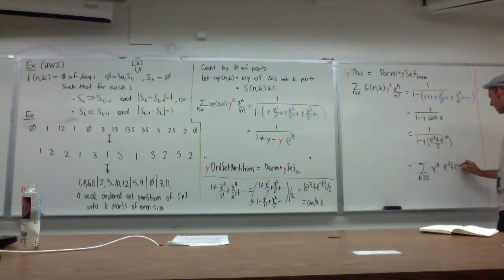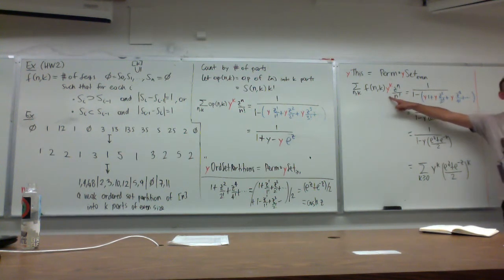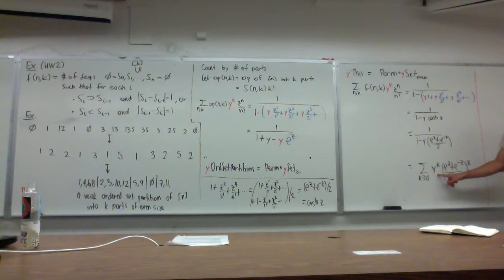By the way, can you see why I chose the letter k here? I could choose any letter to do the summation. But the reason that I chose k is that this y to the k is the same as this y to the k. Right? And then this is all a function of z. So that's why I chose k.